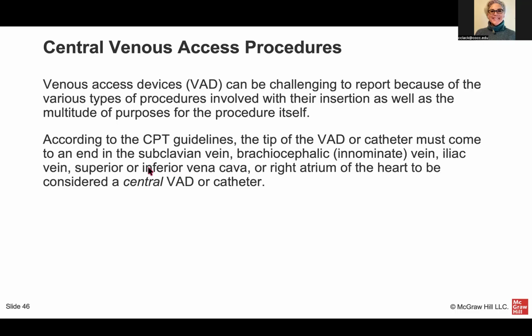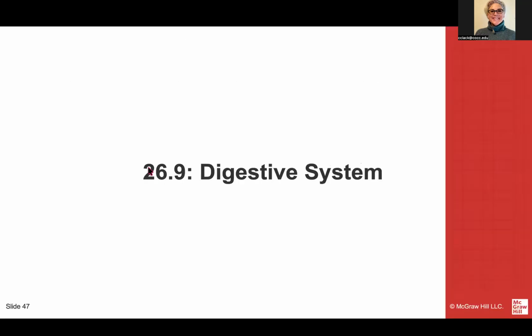If the tip doesn't end up in one of those vessels, it doesn't qualify as a central venous access device for coding purposes. A VAD also distinguishes by whether it's centrally or peripherally inserted, whether it's tunneled or non-tunneled, and whether there's a port or a pump. You want to really look at the documentation because that's going to specify the insertion site, the tip location, which would be confirmed via imaging, and the type of the device.